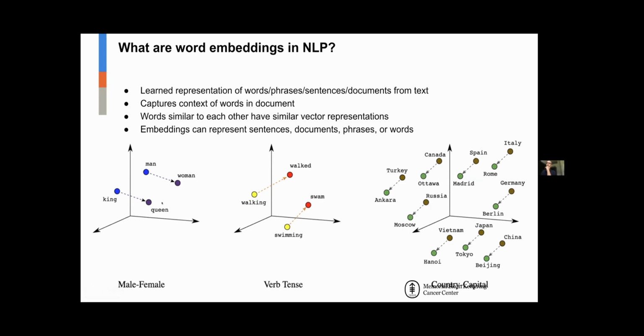If you scrape Google for all the information on the web and do a learned representation, you can see that man is closely related to woman, king is closely related to queen. Same thing with verbs, swam, swimming, or locations in the world.